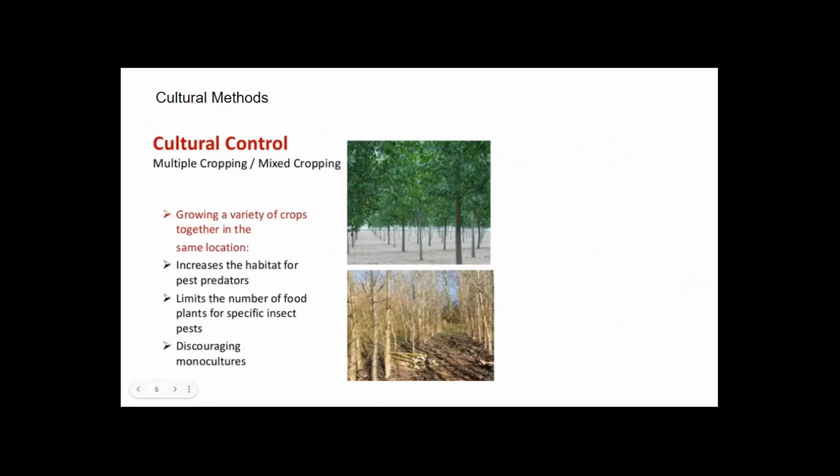So cultural methods. One thing, of course, is multiple cropping or mixed cropping. If you grow a variety of crops, the likelihood of a disease spreading is less. It increases the habitat for pest predators, and limits the number of food plants for specific insect pests. Another cultural method is that you discourage the use of monoculture.